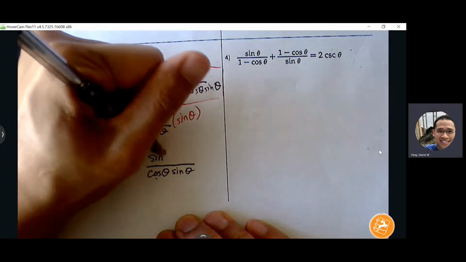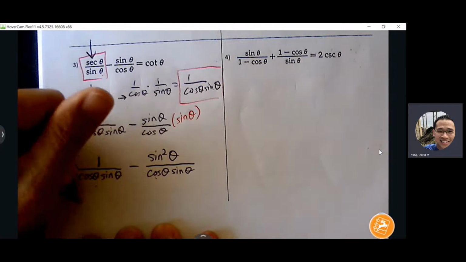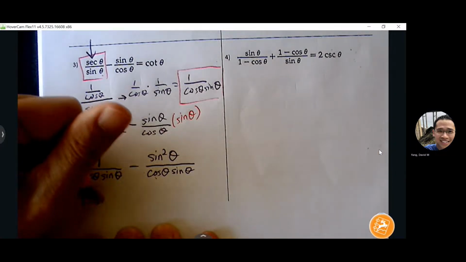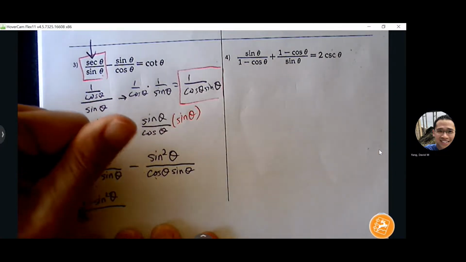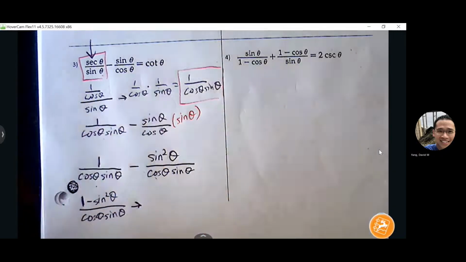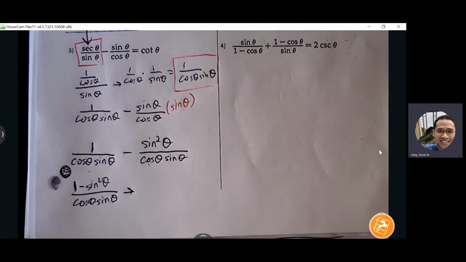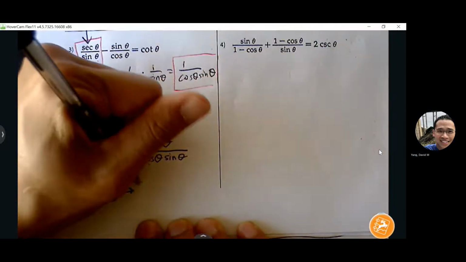Sine times sine is sine squared. Merge as one fraction. Okay. 1 minus sine squared. What can we do with that? Make it cosine squared.